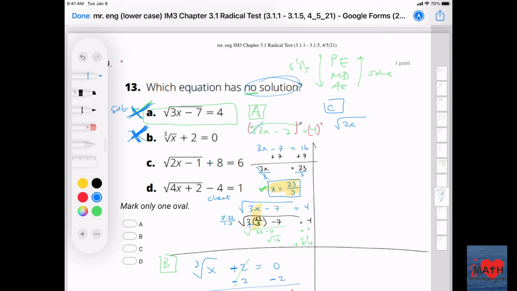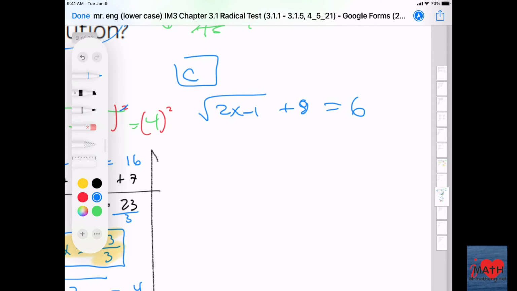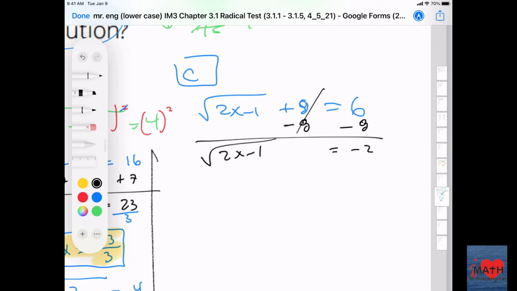Square root of 2x minus 1 plus 8 equals 6. Is the radical equation isolated? It is not. So we need to subtract 8. So I have square root of 2x minus 1 equals negative 2. And now the radical sign is isolated.